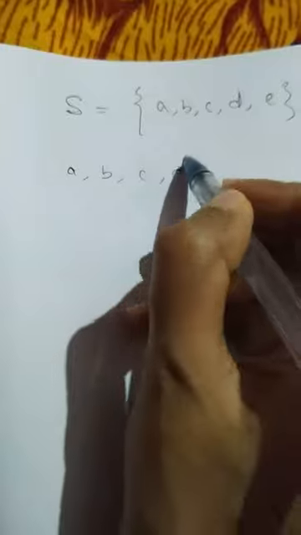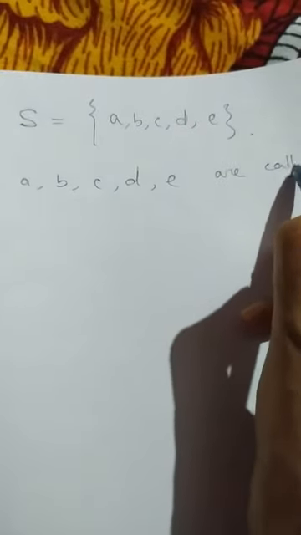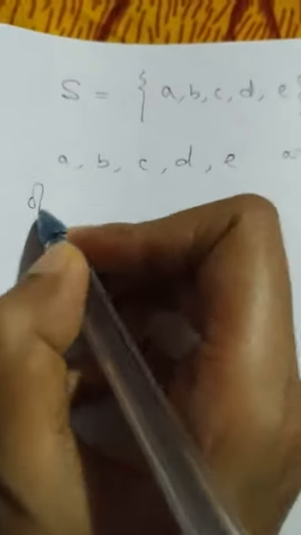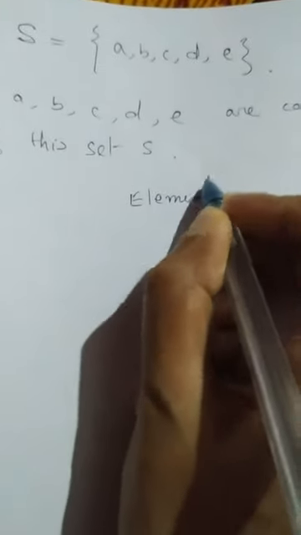Suppose a set S is the set of A, B, C, D, E. So these A, B, C, D, E are called elements of this set S. Now if I write element, E-L-E-M-E-N-T, because A, B, C, D, E are elements of this set S, no?